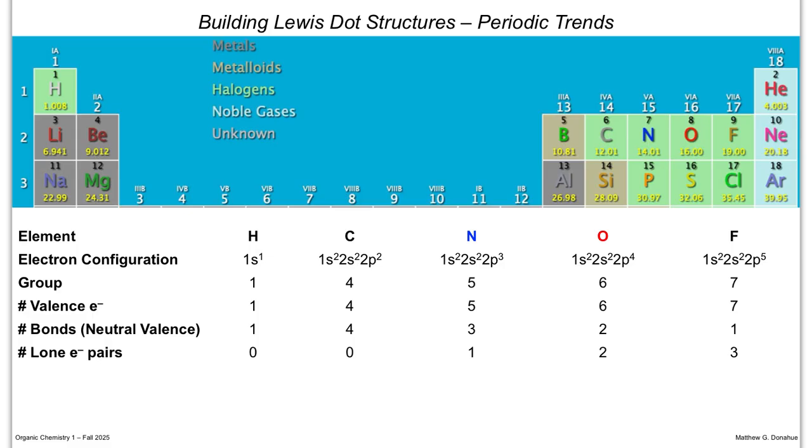They're on different axes, so x, y, and z. So we could actually say that's p sub x, p sub y, p sub z. So the difference between 2p2 and 2p3, these electrons here, they're not in the same p orbital.